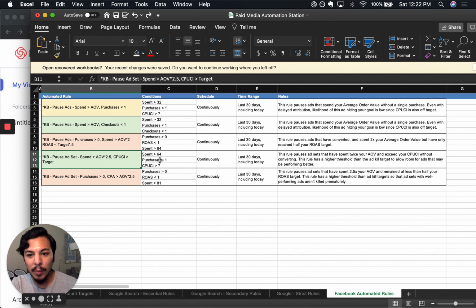And then the last, pausing an ad set if purchases are greater than 0, but your ROAS is less than half your target and you've spent more than 2.5x your average order value. And so really the idea here is, sure, these might cause your learning phase to be activated, but we really want to be either testing more effective creative or testing more relevant audiences, or ideally both, if that's what the rules are telling us.